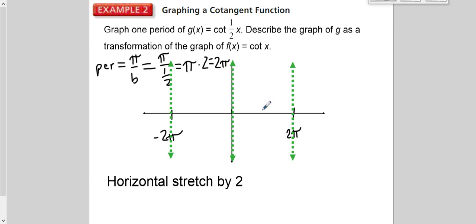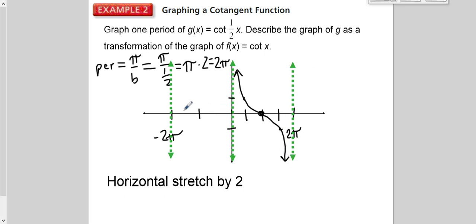Okay, we need that in 4 sections. Cut it in half, cut it in half, cut it in half. There's our middle point, but we don't go up to the right, we go down to the right. So over 1 this way, up 1, over 1 this way, down 1, so that our curve goes down to the right, because it's a cotangent.